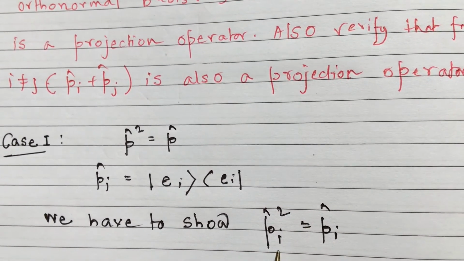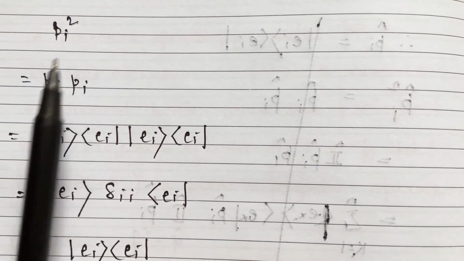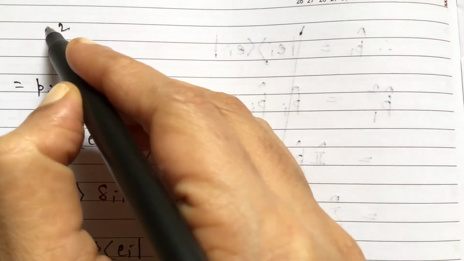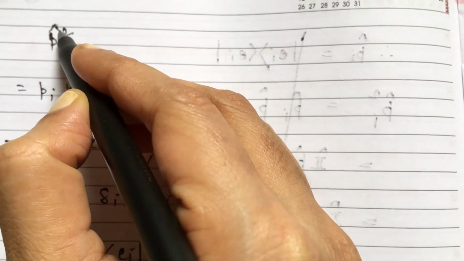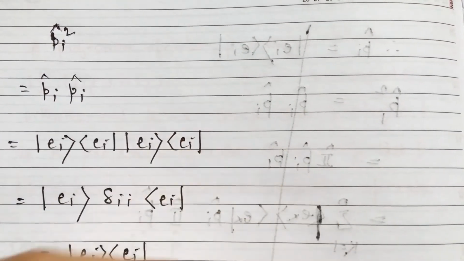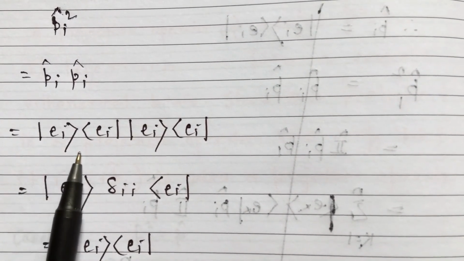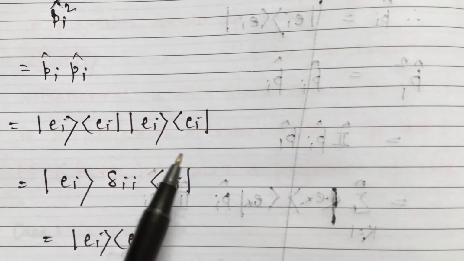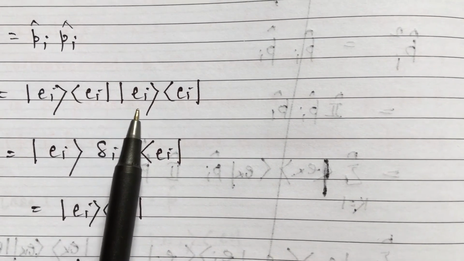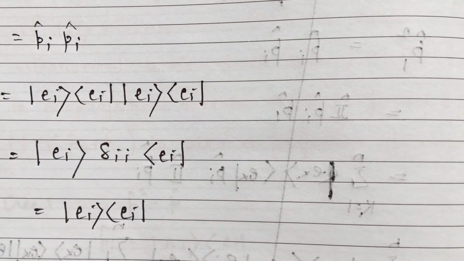So basically we need to show Pi square equal to Pi hat. For Pi square, I can write Pi Pi. I have actually not used this hat, but it is recommended to use this hat for operators. So in place of Pi, I have used their definition given in the problem. And as they are forming a complete orthonormal basis, these EI vectors are forming a complete orthonormal basis.